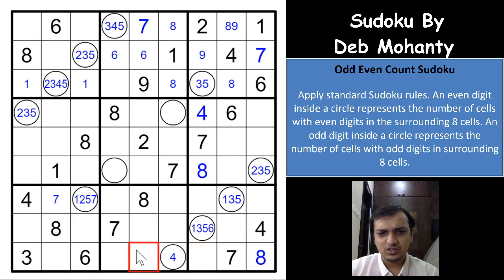And 8 and 6 are there, 2 even digits will be in these 2 cells, right? Which means 2 and 4 here and 2 and 6 here. But if you see, any of the 2's cannot come in on these 2 cells because of the 2 here, which means there has to be 2 2's in these 3 cells, which is not possible. So in other words, if you have a 4 here, you won't be able to place 4 even digits here, because let us see that.